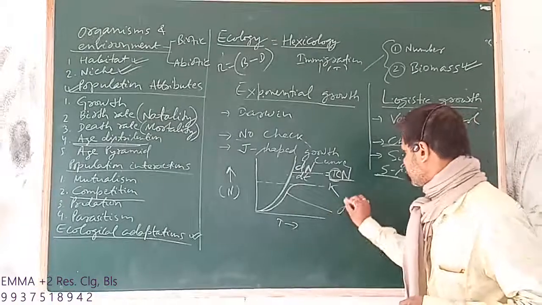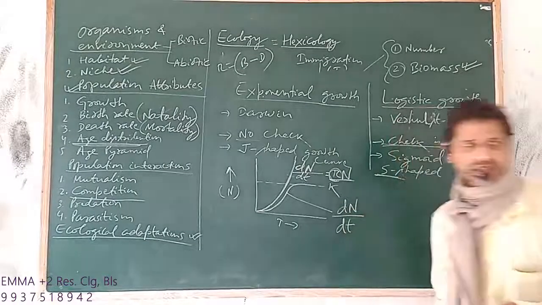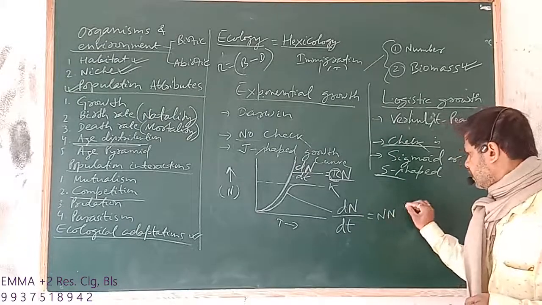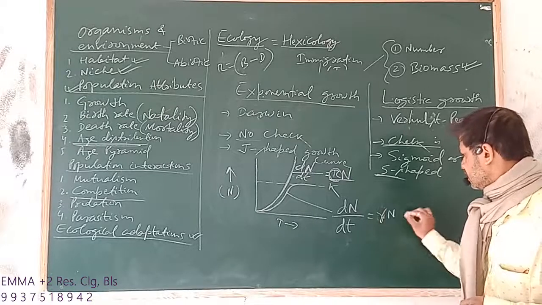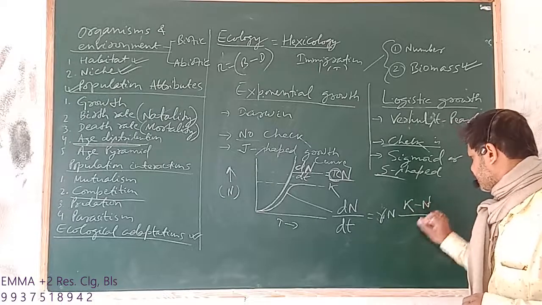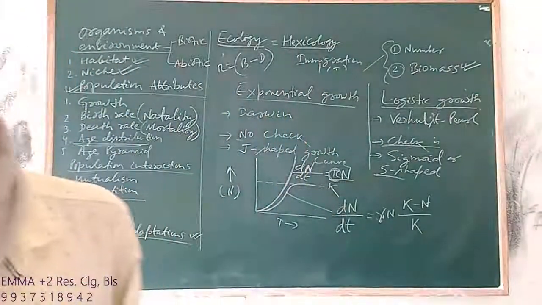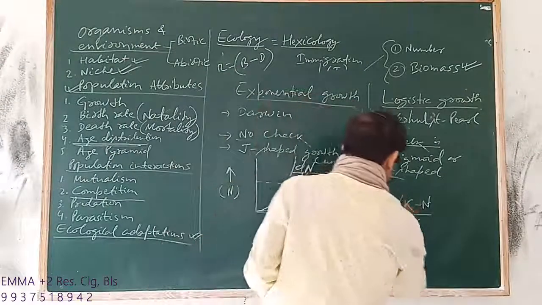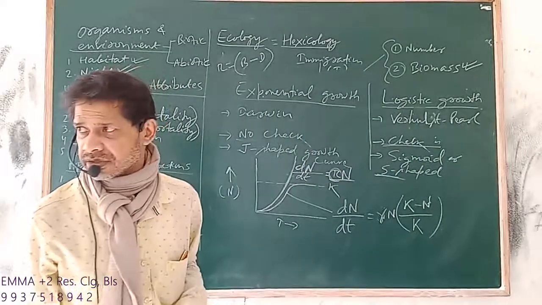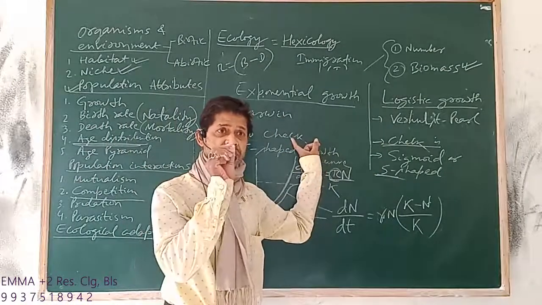This logistic growth formula, population density per unit time is equal to Rn carrying capacity minus n divided by k. So this is the formula. Now we can guess which type of growth model is most natural.